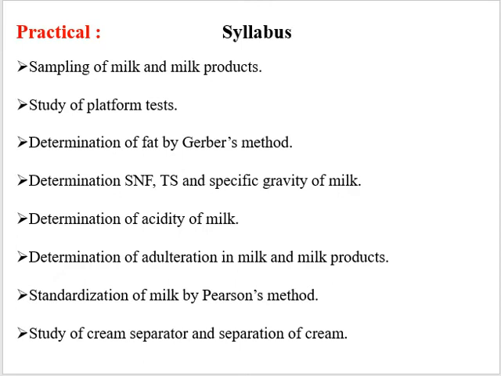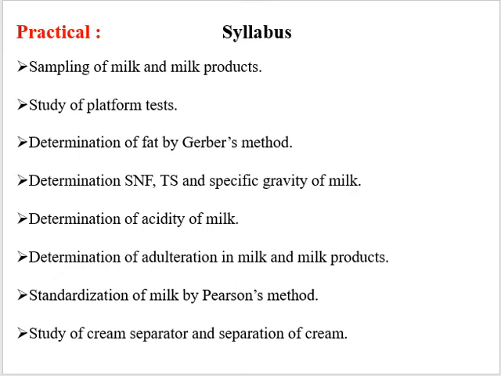Then the second is study of platform tests. Then the third one, determination of fat by Gerber method. The next one, determination of solids-not-fat. Then total solids and specific gravity of milk.